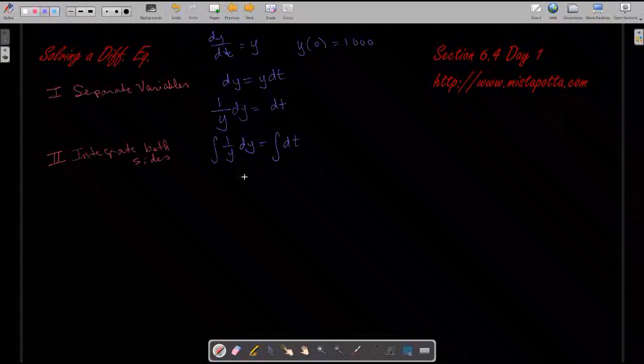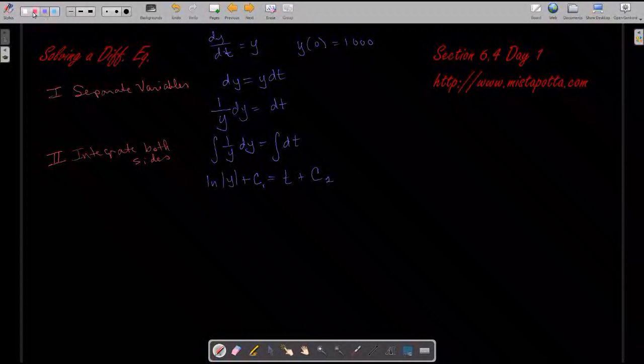I know that the antiderivative of 1 over y is the natural log of the absolute value of y plus some constant. And I know that the integral of 1 dt is t plus a different constant. So I really have two different constants here.